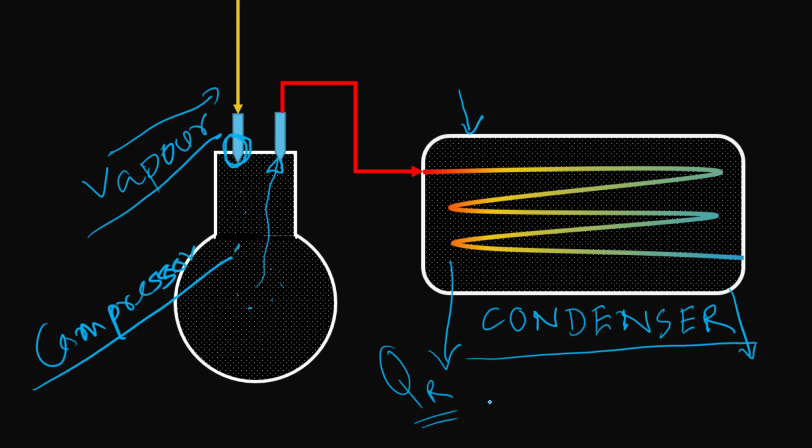If it rejects the heat to the coolant, the superheated vapor will become dry, and if it continues to reject heat, then it will gradually become liquid. So it will enter as a superheated vapor, and it will go out as liquid because of the heat rejection process.